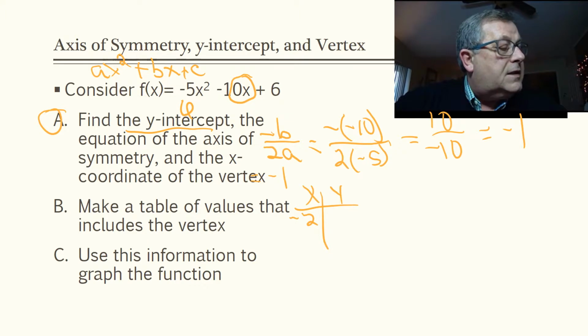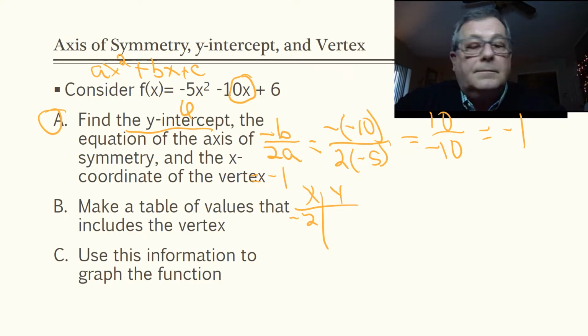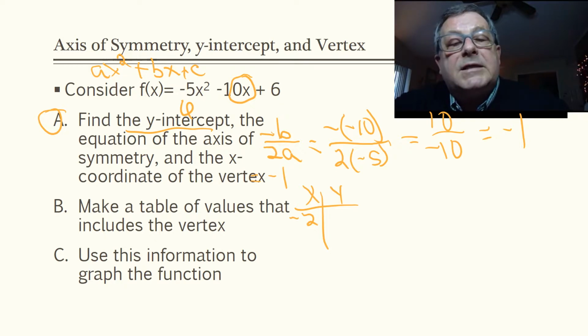And so that means then, when x is negative 2, negative 20 plus positive 20 plus 6, y is going to equal 6.